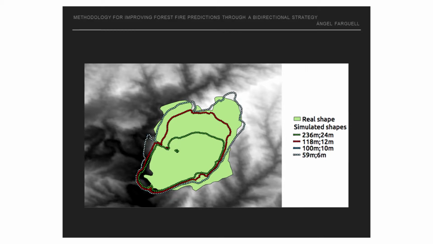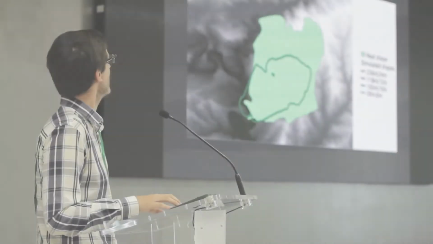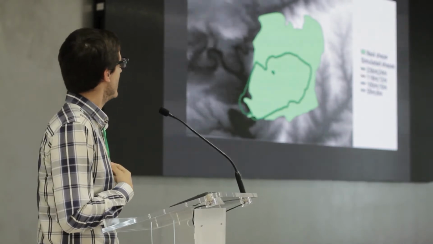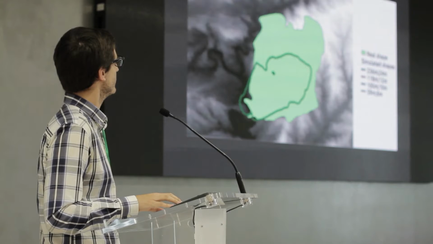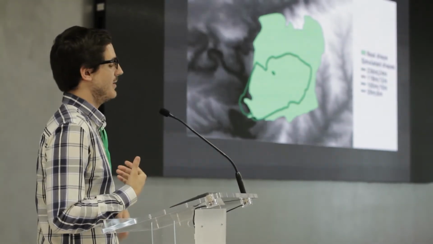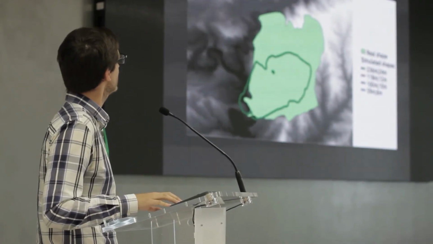So we did some investigations trying to explain why we are underestimating the fire. And we saw that the problem is that we are not representing the meteorology well, because we have to take more points to understand the effects from the fire on the atmosphere.